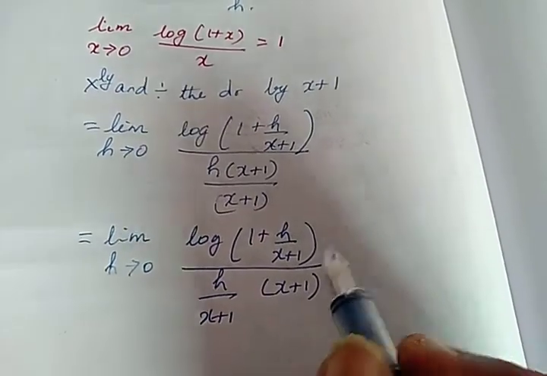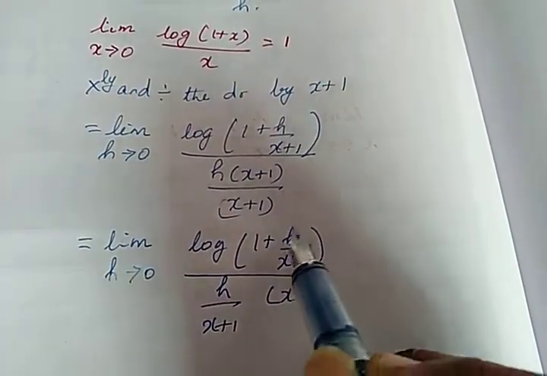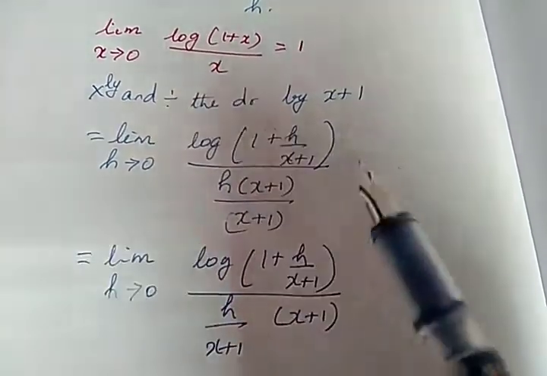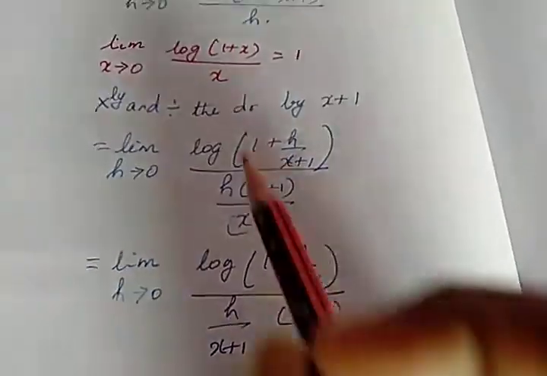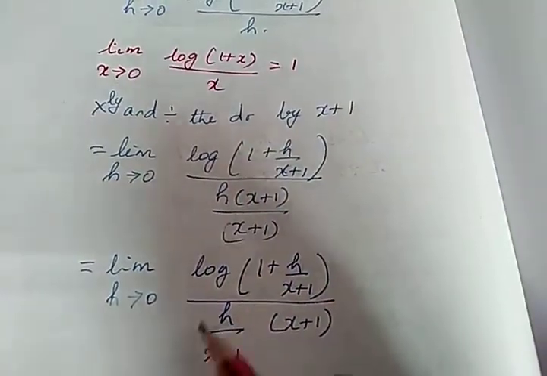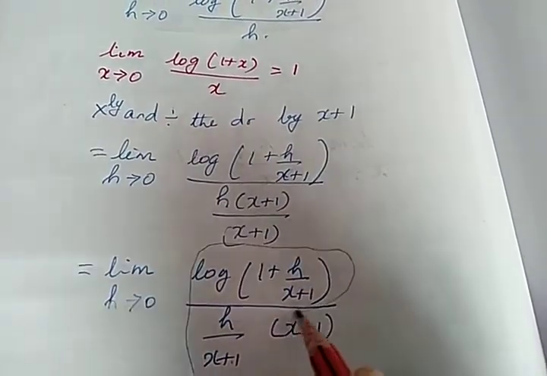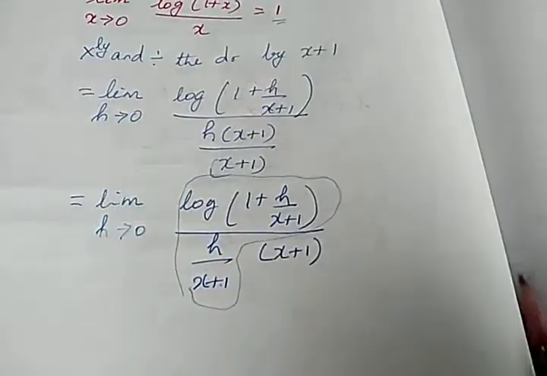Okay children, so log 1 plus x, 1 plus x is this whole thing, h by x plus 1. So divided by the same x should come, no? So h by x plus 1. So I have brought it in this formula format, log 1 plus x divided by x. Instead of this whole part, what can I write? I can write 1.